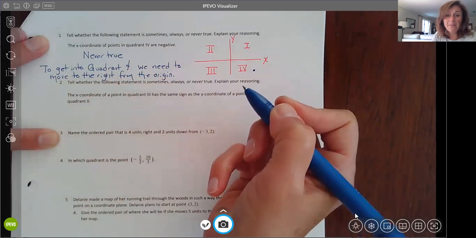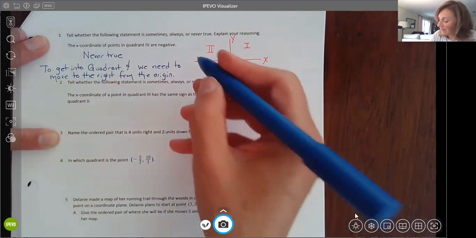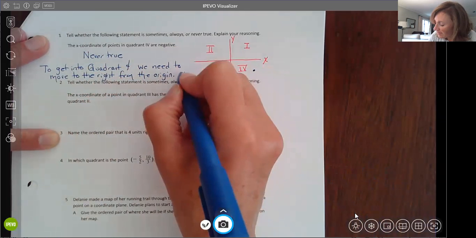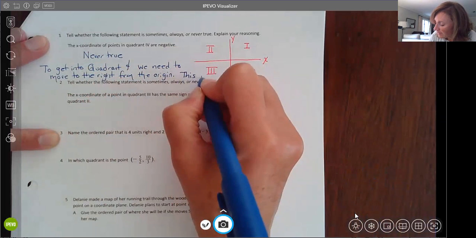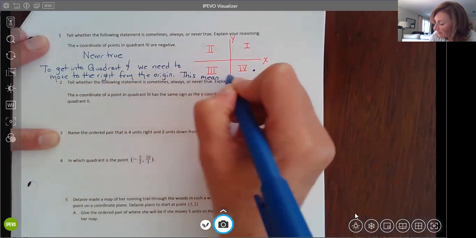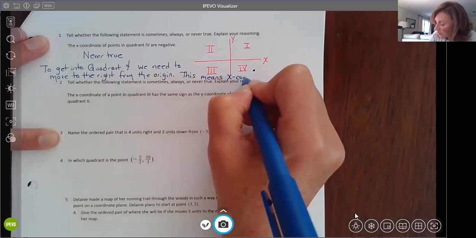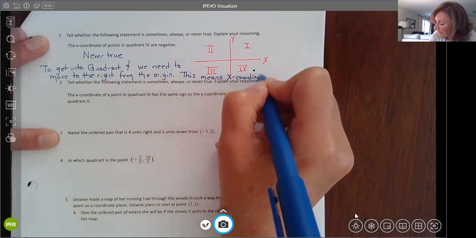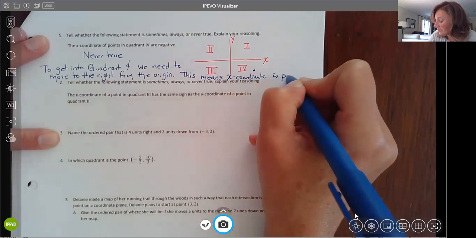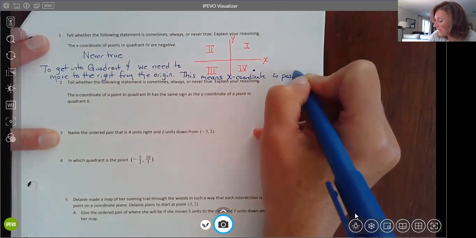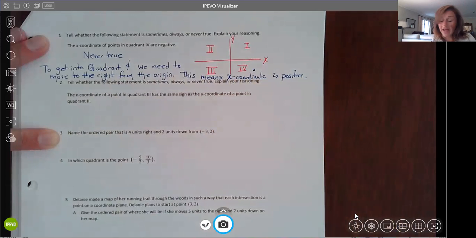Okay, this is a positive. That produces positive x values. This means x is positive. The x coordinate is positive. Moving to the right is a positive concept.